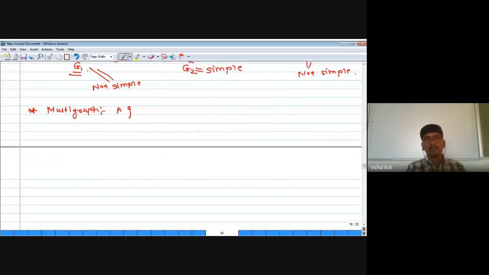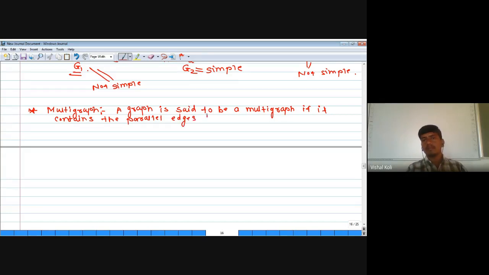A graph is said to be a multigraph if it contains parallel edges but there is no loop.